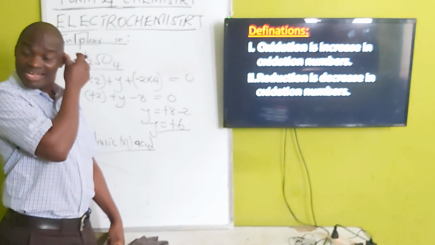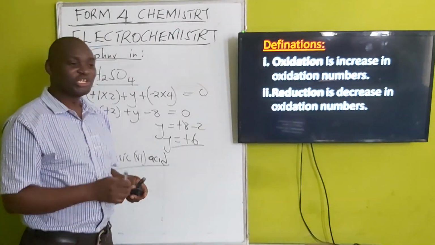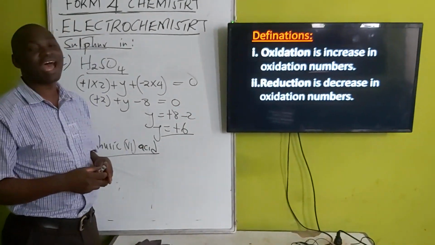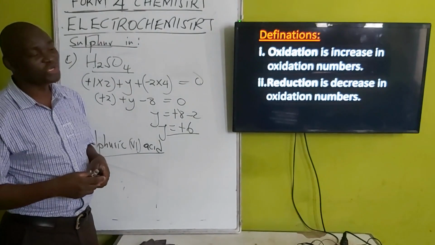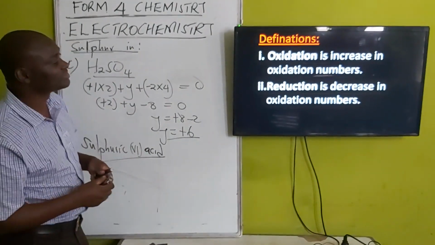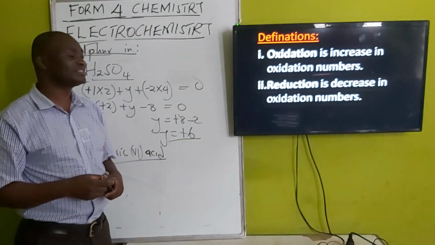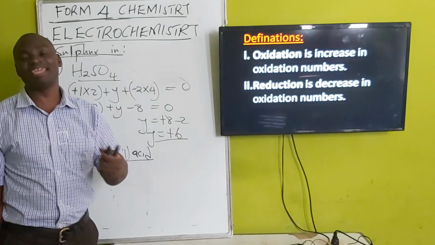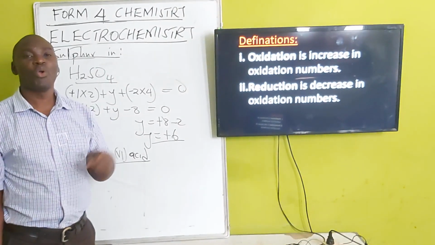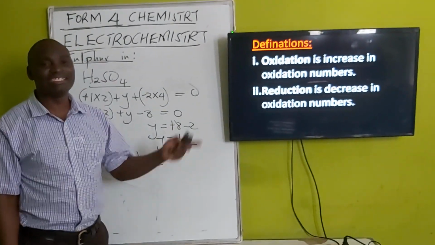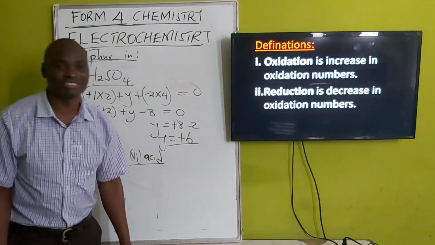So let us conclude by giving definitions of oxidation and reduction based on change in oxidation states. Oxidation can be defined as an increase in oxidation numbers, while reduction can be defined as a decrease in oxidation numbers.